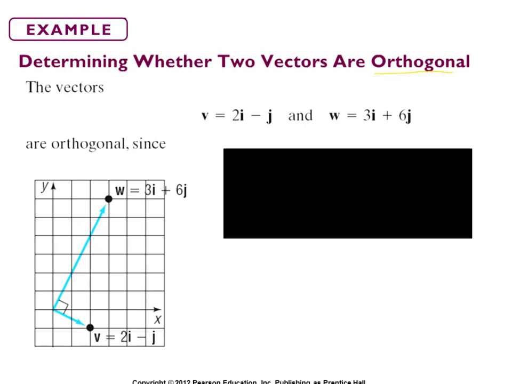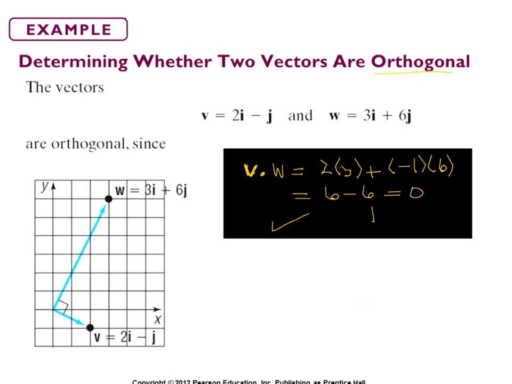So I say, well, the dot product v dot w is equal to 2 times 3 plus minus 1 times 6, which is 6 minus 6, which equals 0. So therefore, they're perpendicular because the dot product is equal to 0. Okay?